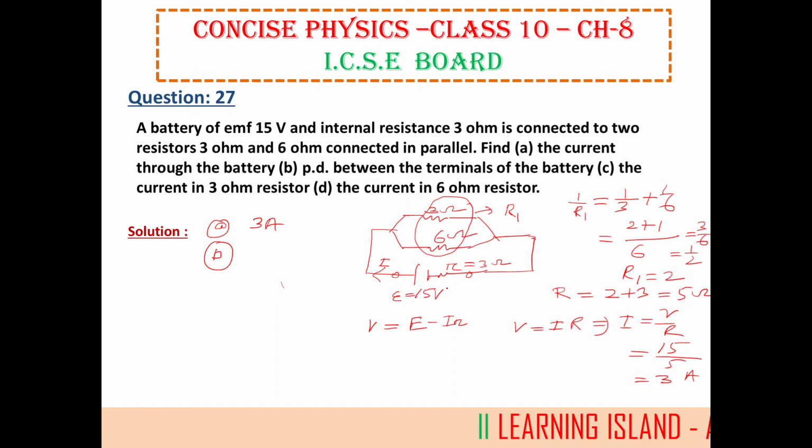To find the potential difference between the terminals of the battery, we apply this formula, V equals E minus I r. E is 15 volt, I equals 3 ampere and r is 3. So it is 15 minus 9 equals 6 volt. So the answer is 6 volt. Now question number C.